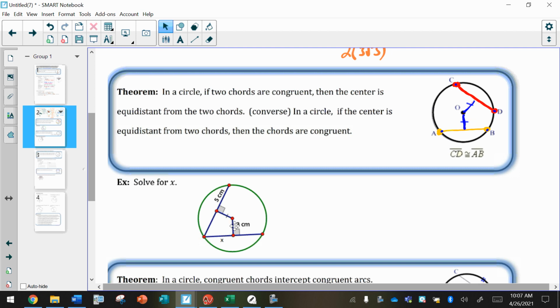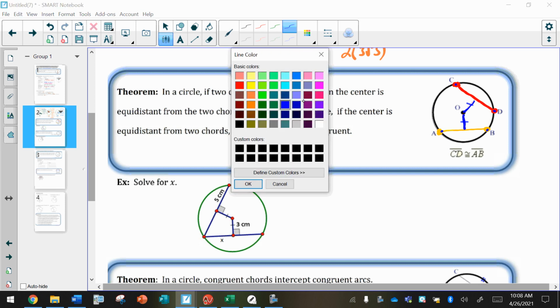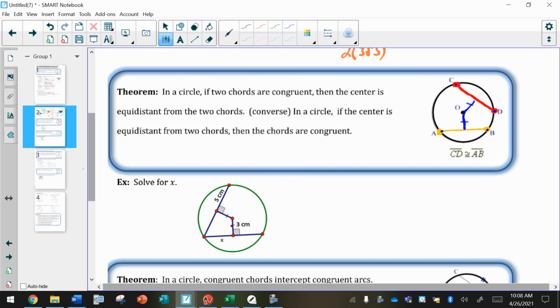So right here, if we see that our two chords are equidistant from the center of the circle by our congruence markings, then they are the same length. And based on the rule we did on the front page, if a segment is perpendicular to a chord and goes through the center of a circle, it bisects the chord.